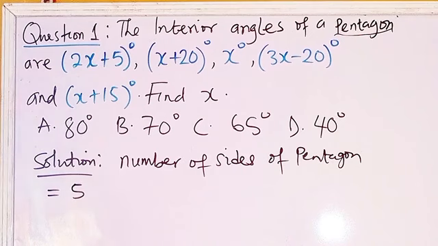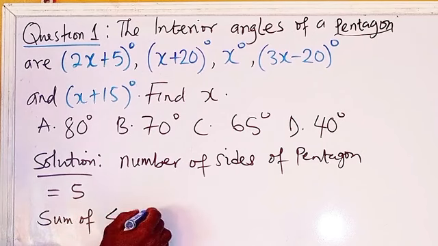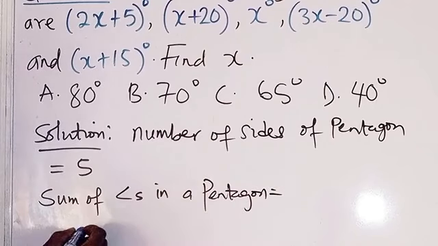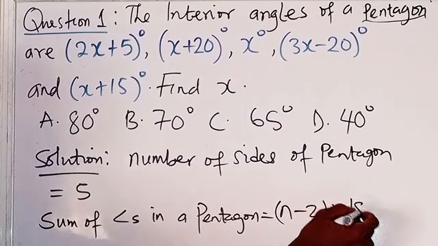So now if the number of sides of a pentagon is 5, it means that the sum of angles in a pentagon, the formula is going to be n minus 2 multiplied by 180 degrees.